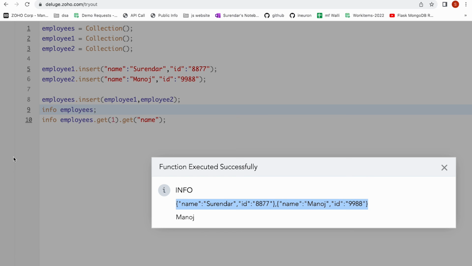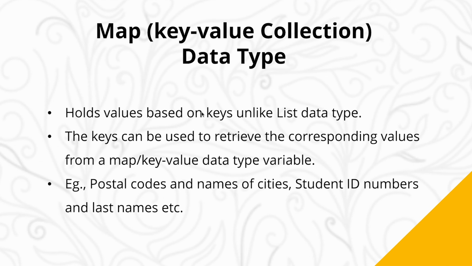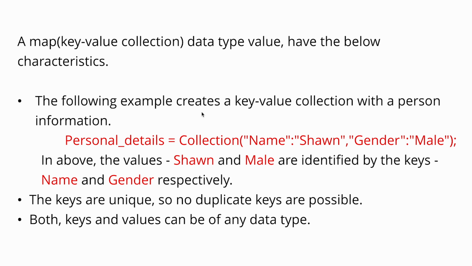And if you observe line number 10, the outer collection employees has been treated as an index value pair, while the inner collection employee 2 has been treated as a key value pair. So depending on the data which has been placed inside that variable, the collection assumes the role of a list or a map by itself. Okay, and these are the points which we have already discussed.